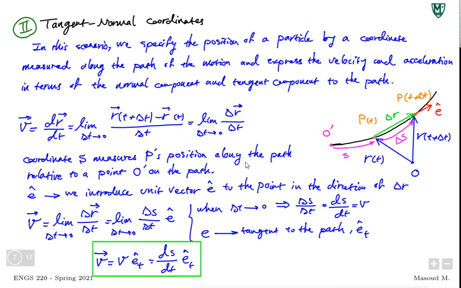The story is we're going from Cartesian coordinates, which is a fixed point following the particle, to a coordinate system that is on the path. It's defined by two unit vectors, like any coordinate system. One is tangent to the path at any point the particle is, and one is normal to the path.